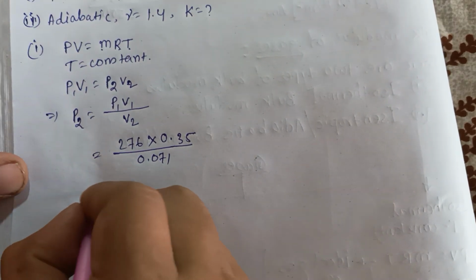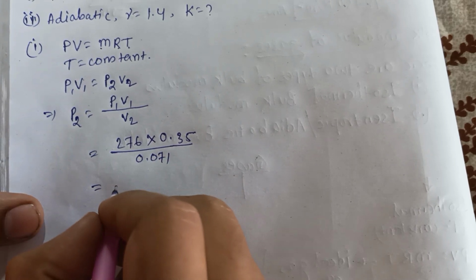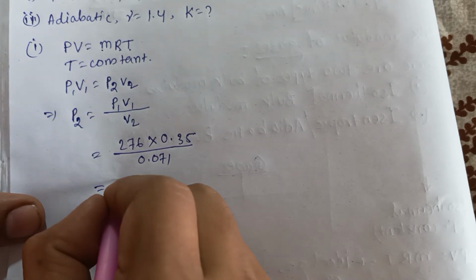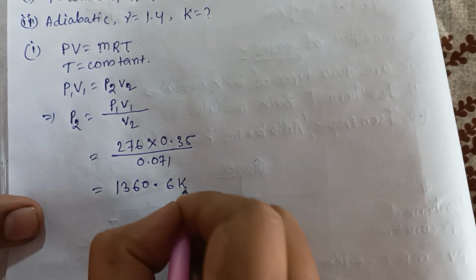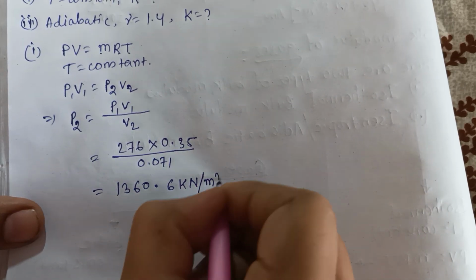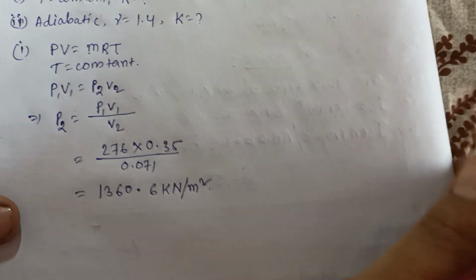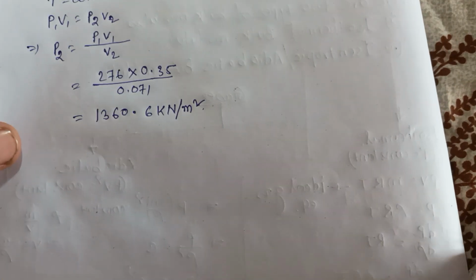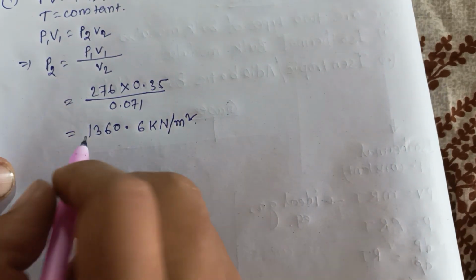If you calculate the value of P2, it is 1360.6 kilonewton per meter square. Here the unit of P1 is kilonewton per meter square, and here also the unit will be kilonewton per meter square.